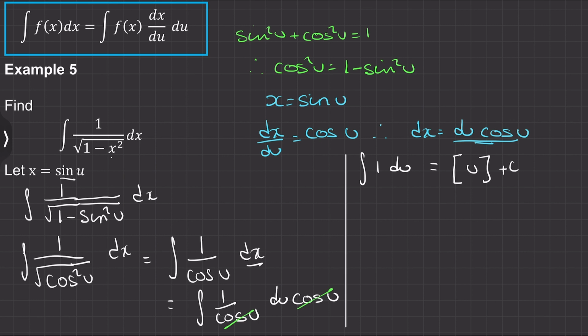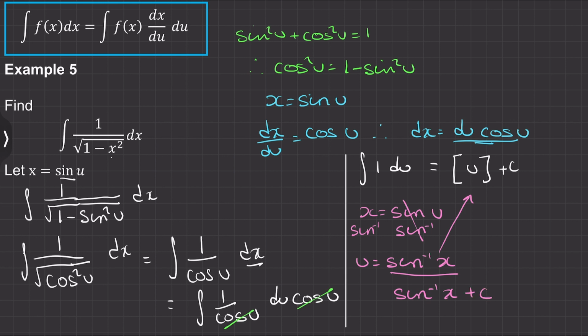But now we need to write u in terms of x. Again, if x is equal to sine u, we can work out u by taking the arc sine of both sides. And these will cancel. So u will equal the arc sine of x. So putting this back into here, our integral becomes the arc sine of x plus a constant.